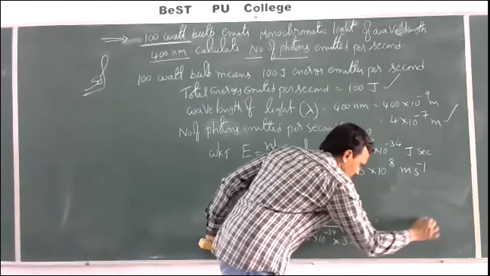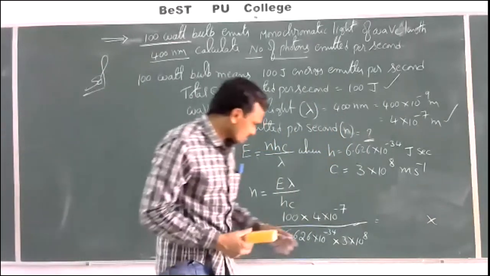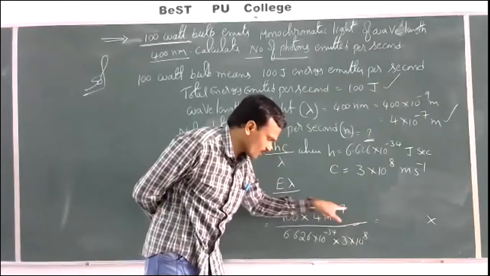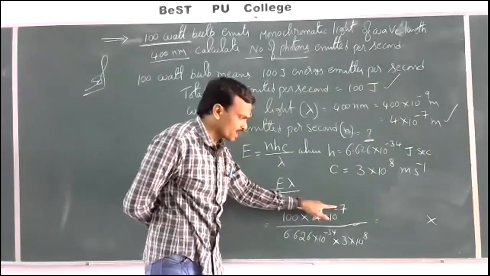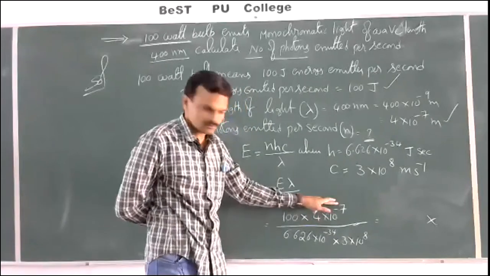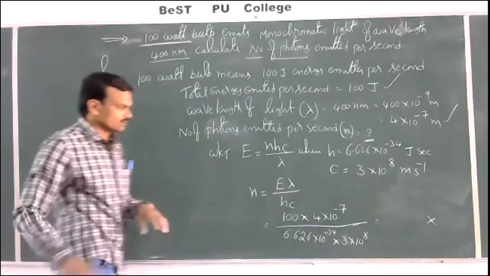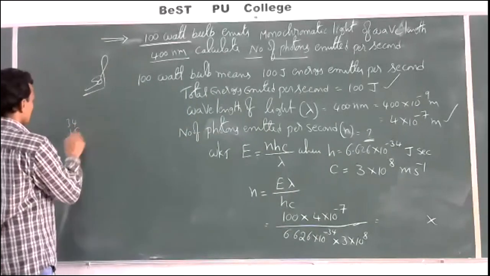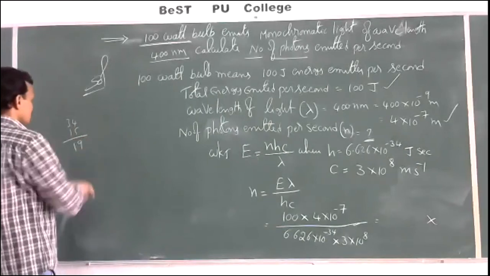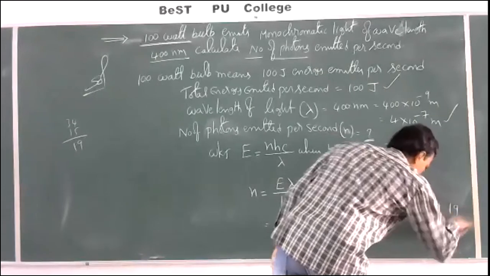This is equal to, first I will simplify the powers here. If this 10 power 8 goes to numerator, becomes 10 power minus 8, 10 power minus 8 to 10 power minus 7, 10 power minus 15. If 10 power minus 34 goes to numerator, becomes 10 power 34. So 34 minus 15 is 19. So 10 power 19.